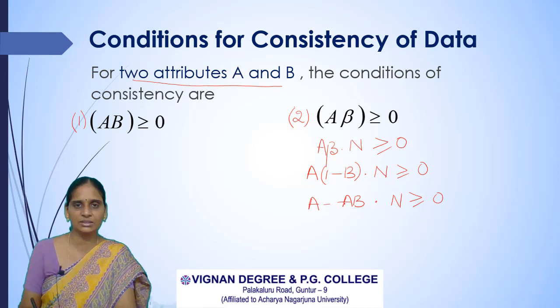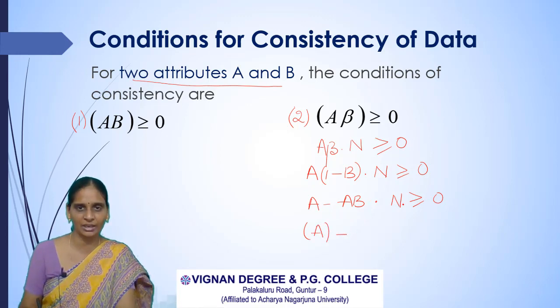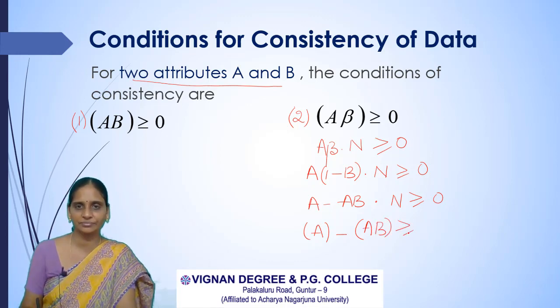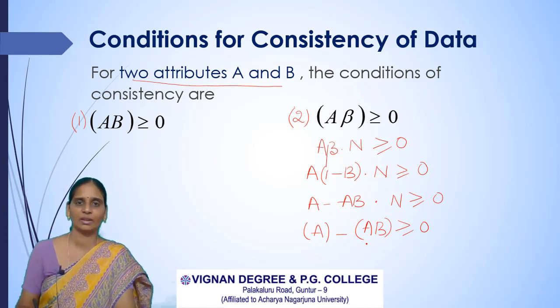In the next step, we multiply a minus ab with N. So that is a into N, meaning frequency of a, minus ab into N, meaning frequency of ab, which is greater than or equal to 0.